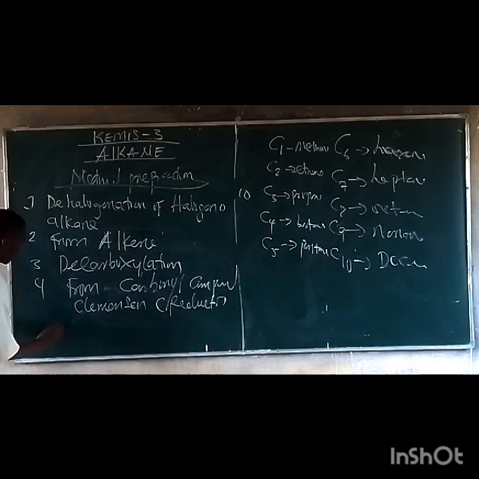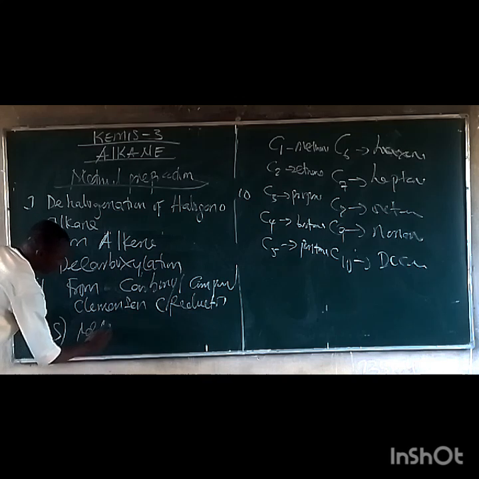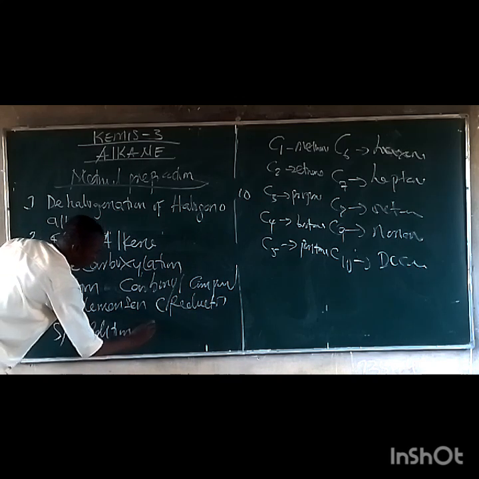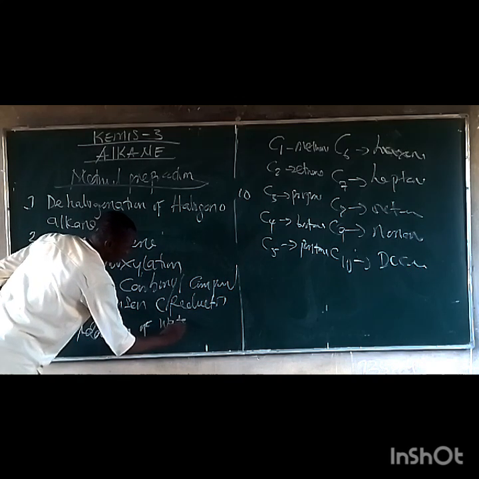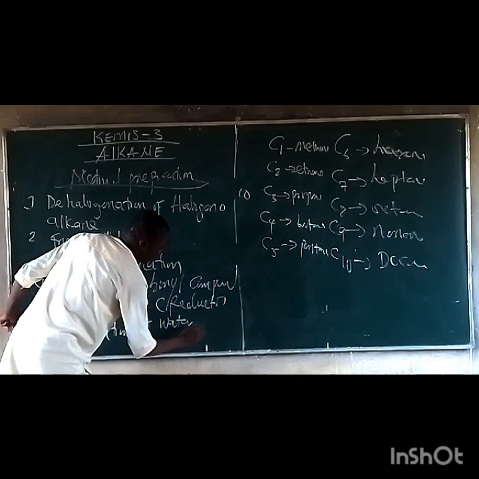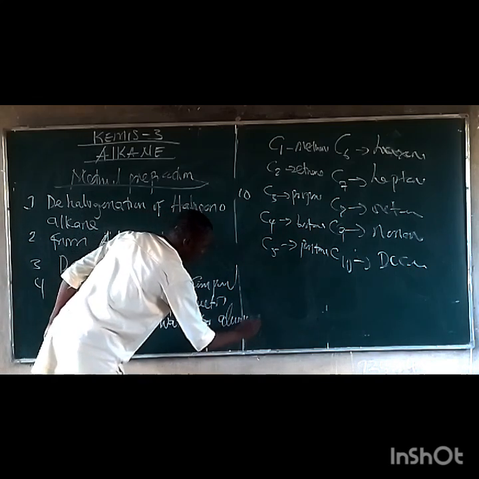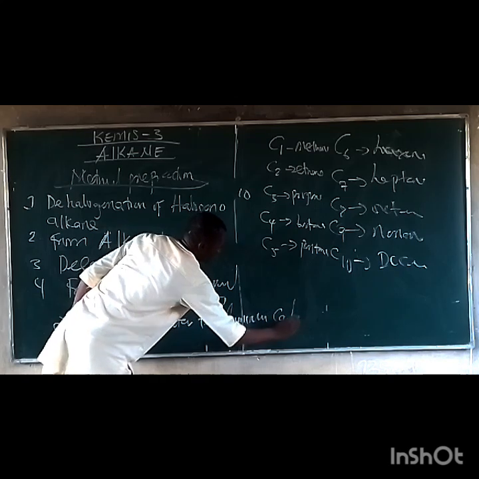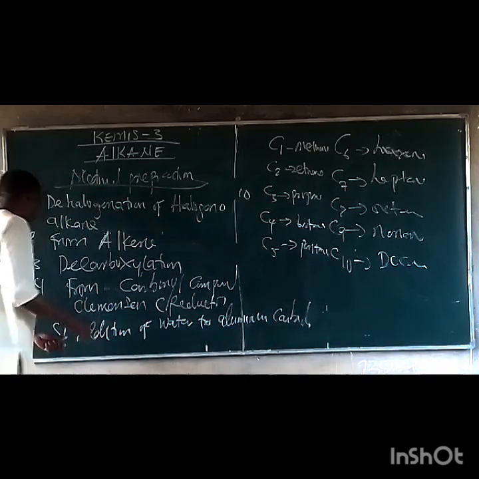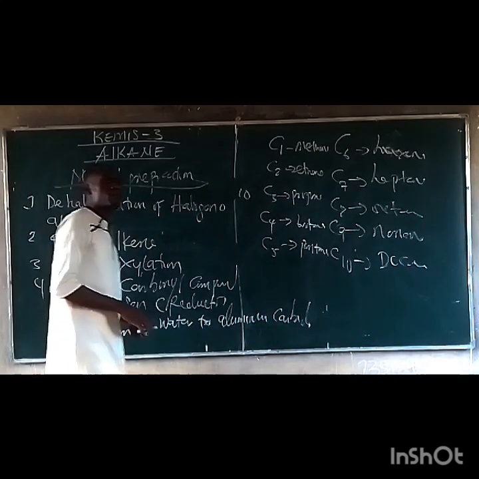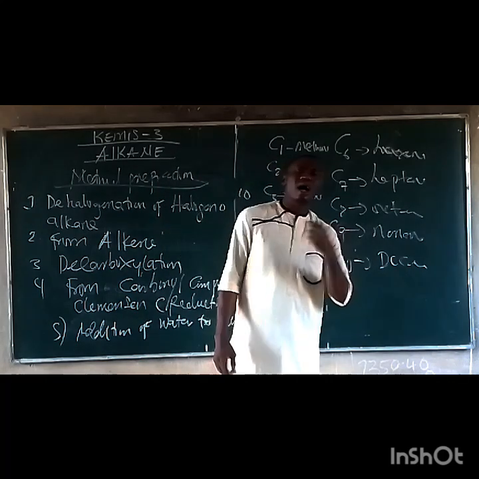Finally, we have the addition of water to aluminium carbide. So these are the 5 major methods of producing alkane.